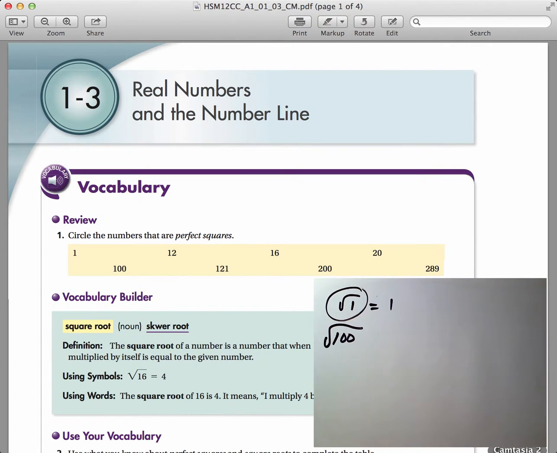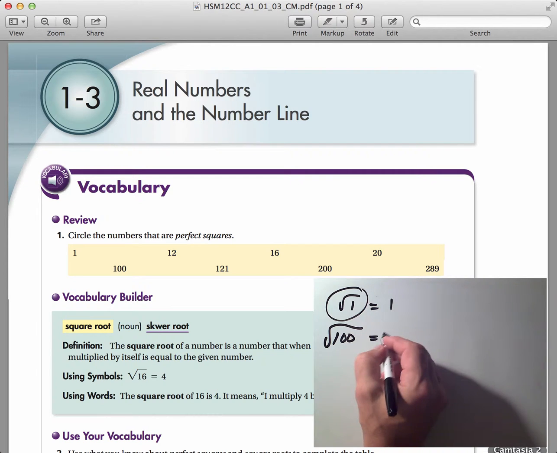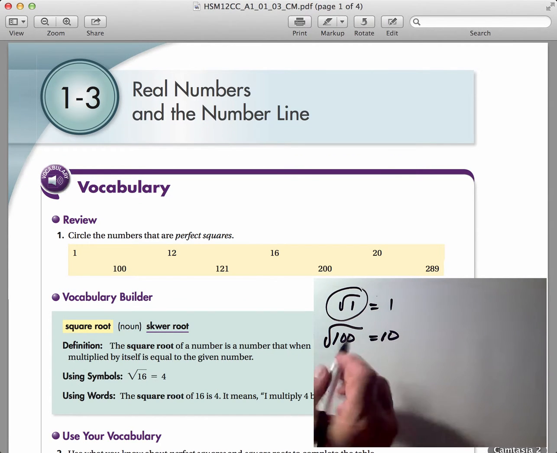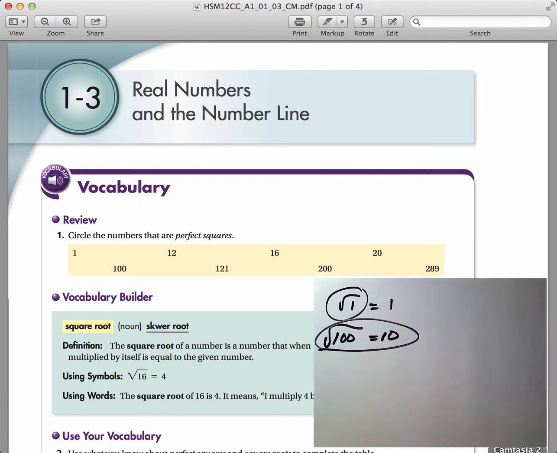The square root of 100 equals 10. So yes, that's another one that's a perfect square. Take some time now to go through the rest of these numbers. Go ahead and shut the video off now and find all the perfect squares listed under number 1.